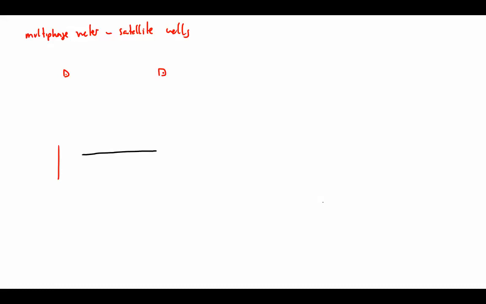In the manifold module you have exactly the same arrangement. You have two headers. Then you have a line coming from well 1, entering into this manifold, and you have the option either to go to this header or to this header, and then you have a line in which you have a multi-phase meter.